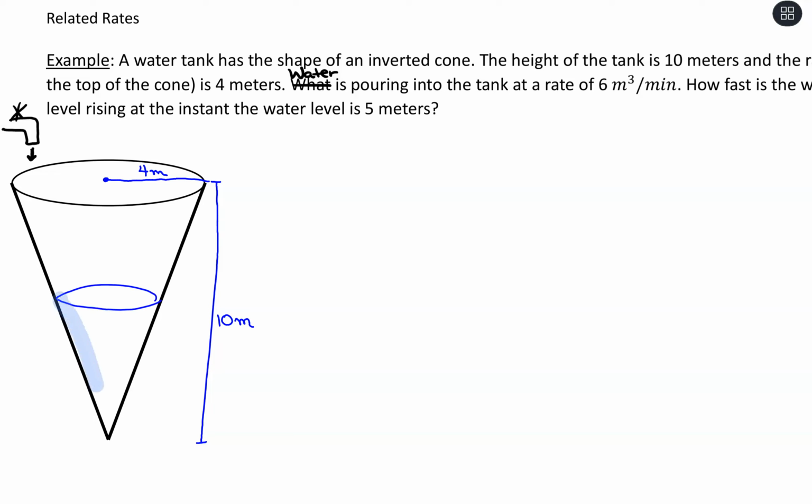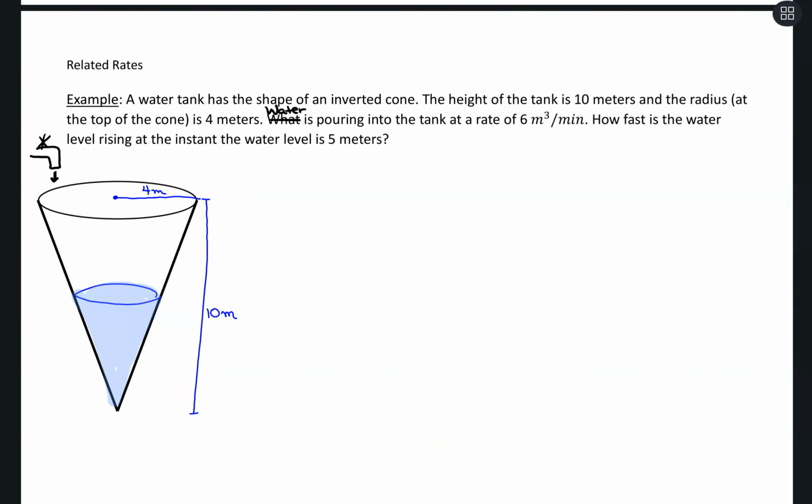So we have water in the tank, and we know that it is coming through at 6 meters cubed per minute, and that's going to hold steady right there. So let's go ahead and write that down. So for our volume of water, that volume in relation to time is increasing at 6 meters cubed per minute.